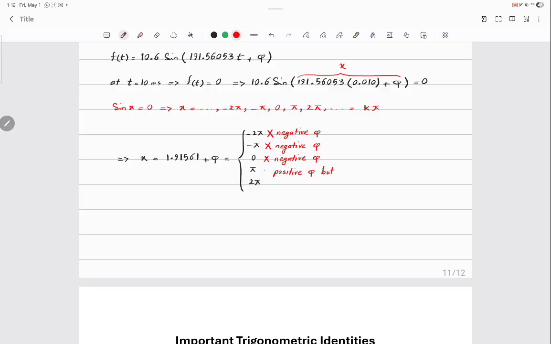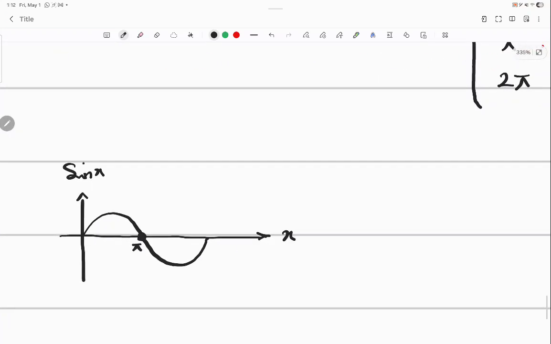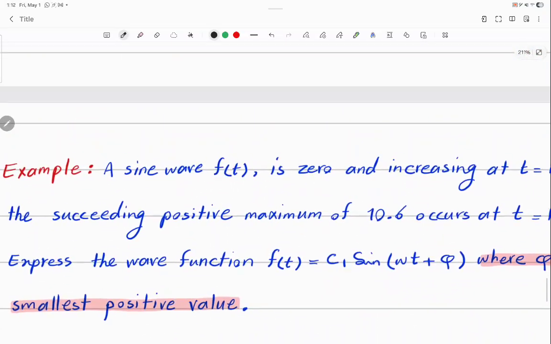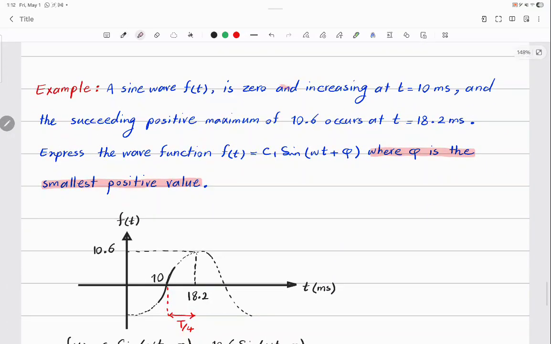So the usual sine function that you have, this is the generic one, okay? If that is x and that is sine of x, can you tell me what point this middle one is? That's pi. That's 0. And that is 2 pi, right? So if you look at the statement of the problem, what is it saying? 0 and increasing.